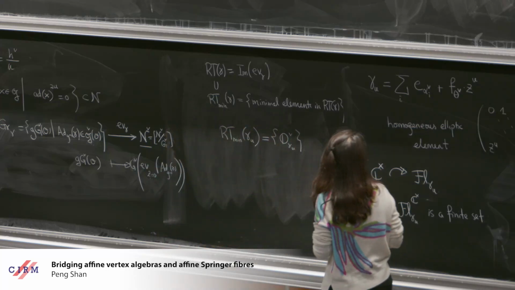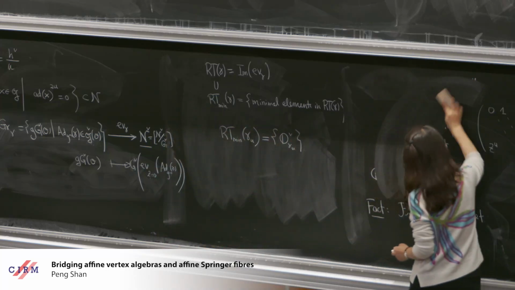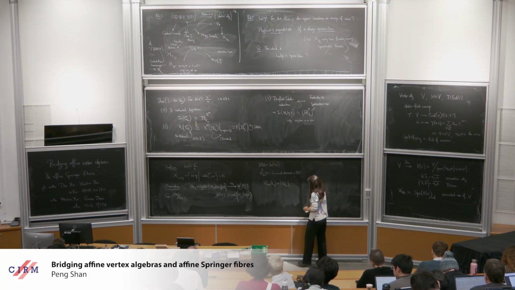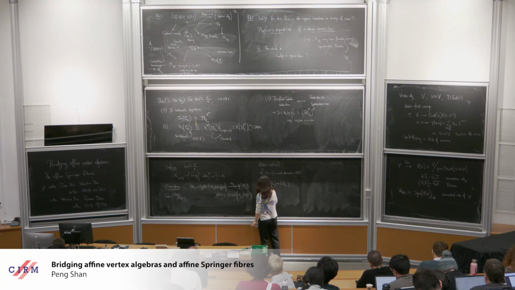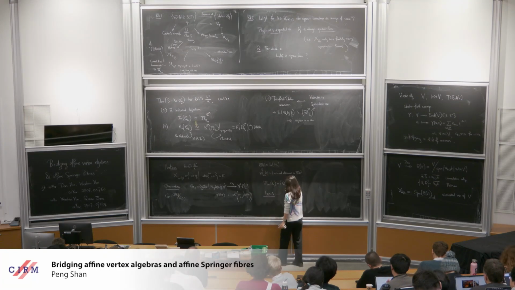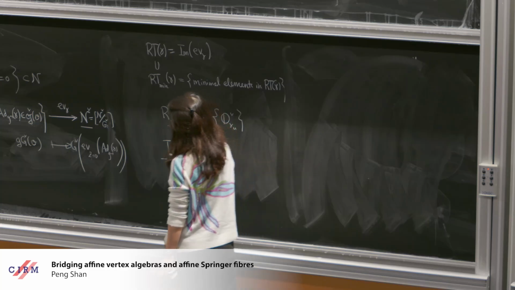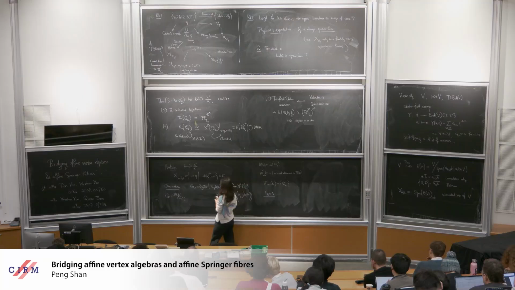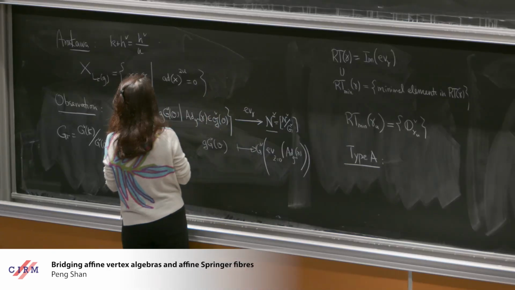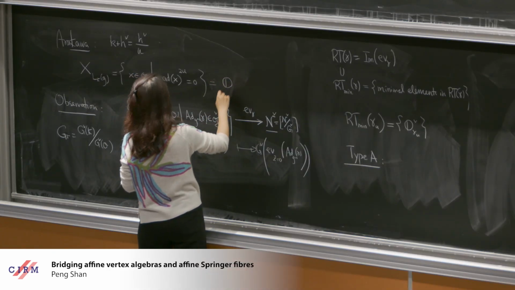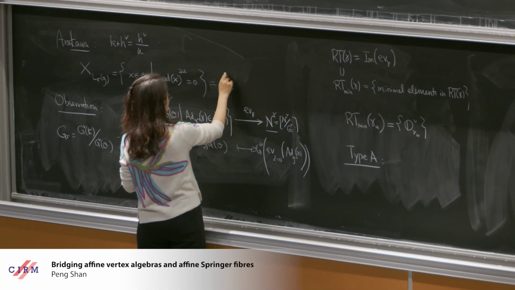And the observation is, at least in type A, this orbit is related to, okay, so maybe I should first say that this is the closure of a certain orbit. Maybe I just write it as O bar.